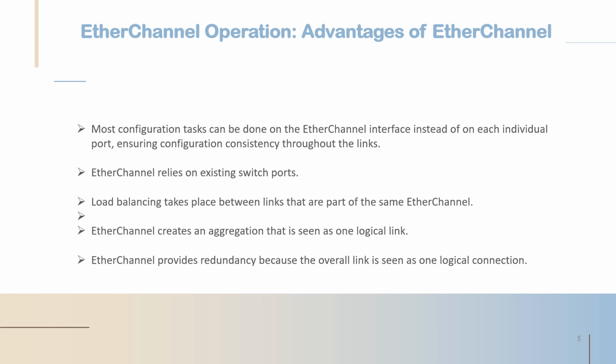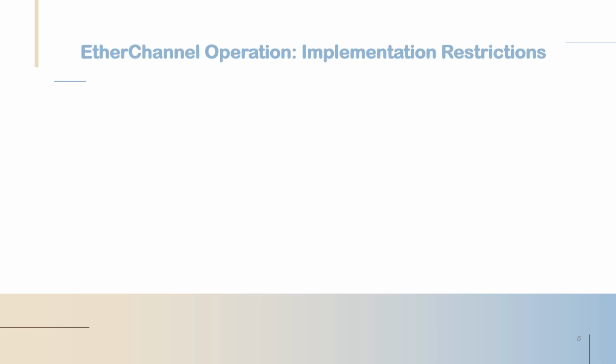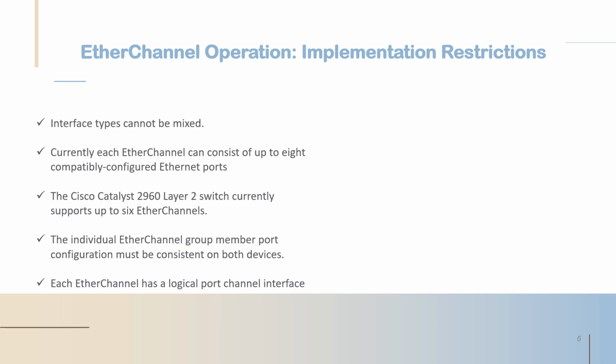But depending on the implementation of EtherChannel, it comes with some restrictions. The EtherChannel implementation on the Catalyst 2960 switch has certain restrictions, which include that the interface types cannot be mixed. For example, Fast Ethernet and Gigabit Ethernet cannot be mixed within a single EtherChannel. Currently, each EtherChannel can consist of a group of up to 8 compatibly configured Ethernet ports.